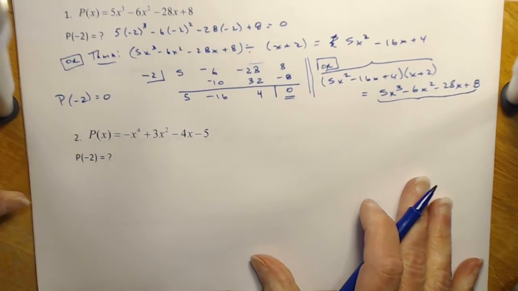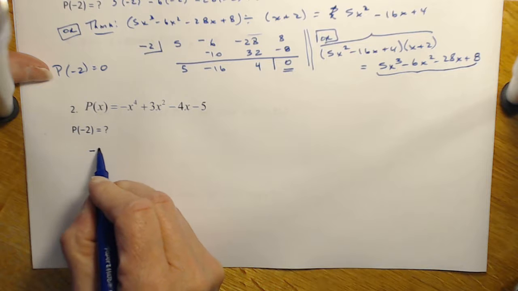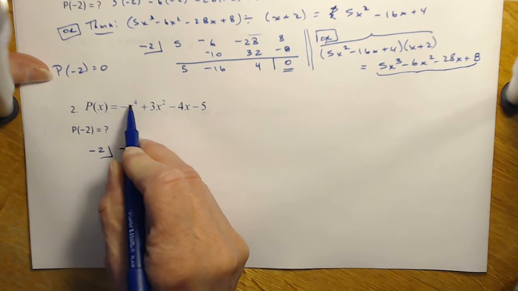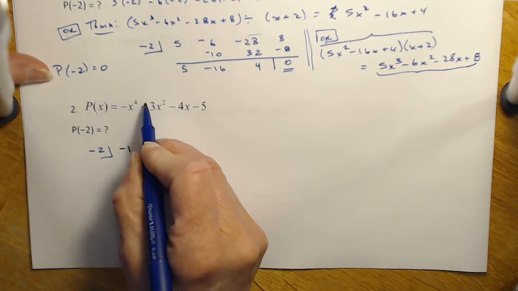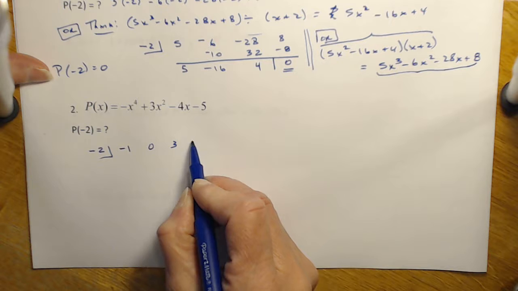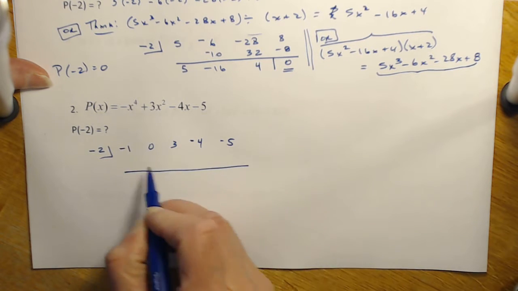Okay. Let's do the same thing here for number 2. So again, we're going to use synthetic on -2. Now again, we have to be careful not to skip coefficients. So the coefficient here is -1. There's no x cubed, so it's 0x cubed, 3x squared, minus 4x, and a -5. Okay.